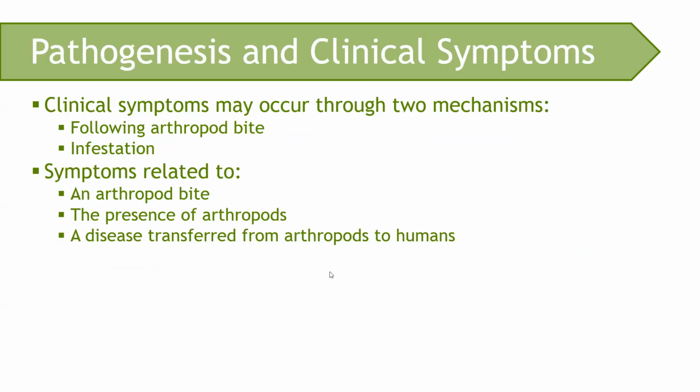The life cycle or the initiation of the infestation happens when the arthropod has its bite. Now, what are the related symptoms? On the site of the bite, there is itching, and the presence of arthropods, and then the disease that the arthropod is capable of transferring.